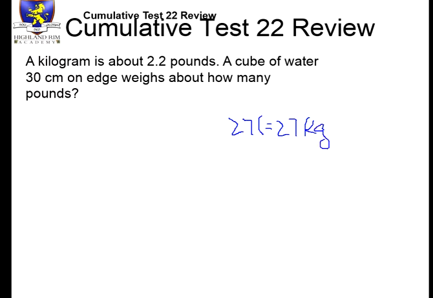So 27 kilograms times 2.2 pounds equals 54, and we end up with 59.4 pounds.